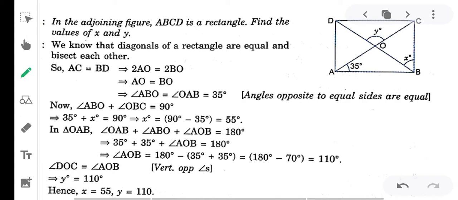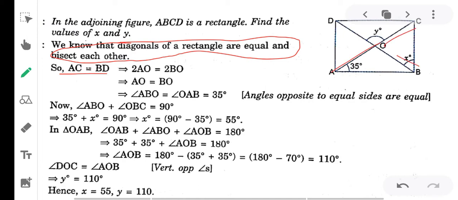Find the value of x and y. So remember students that the diagonals of a rectangle are equal and bisect each other. So we can write AC equals BD, because diagonals of a rectangle are equal, and they bisect each other, so AO equals OC and BO equals OD.